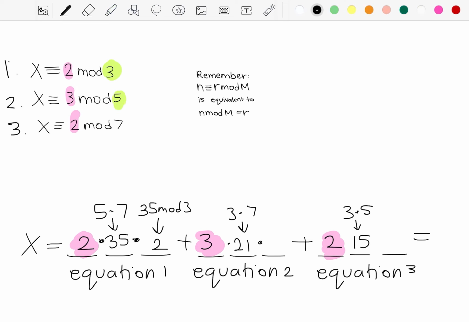Now we're looking at 21 mod 5. This is getting really ugly, but whatever. 21 mod 5 is not 5, it is 1. Goodness. And then we are going to do 15 mod 7, and that is also 1.